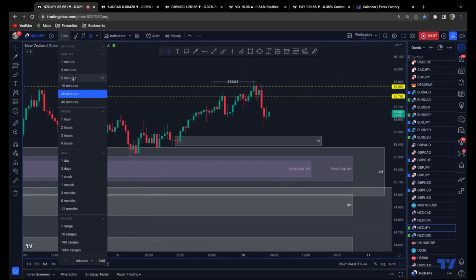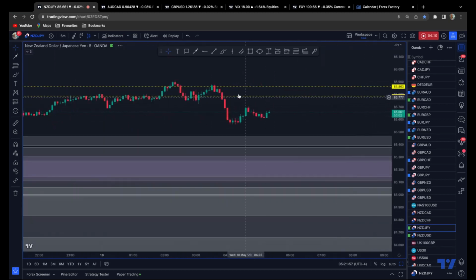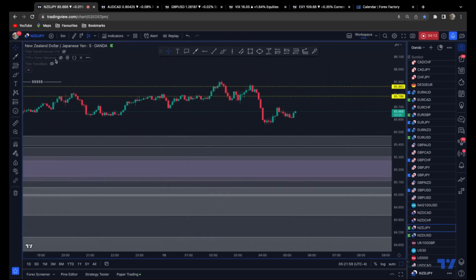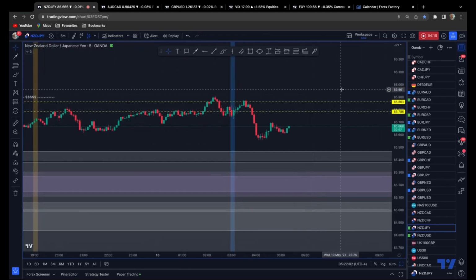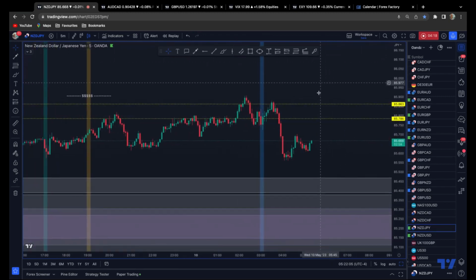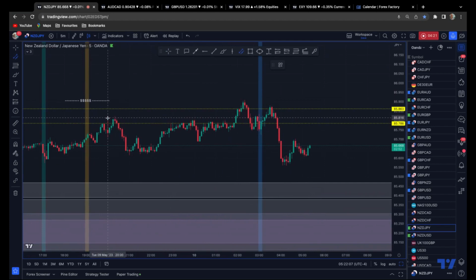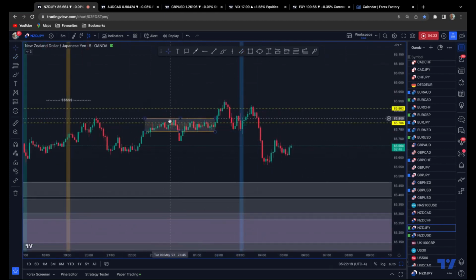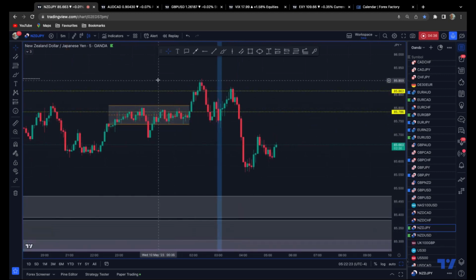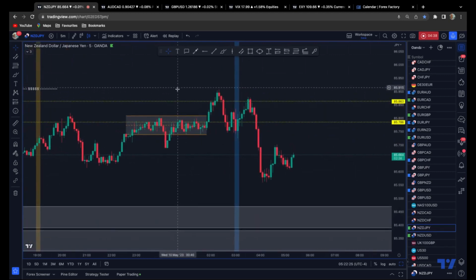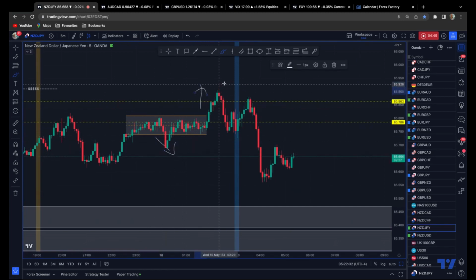Let's have a look at this now on a 5-minute chart, and I'll bring in the session times here. There's the London Open, and I'm always interested in how things are trading into the London Open. We've got this range through here for a start. We get a bit of a spike down, and my thinking is it's the fakey shaky, fake out, and then we get the shake out. So that takes out liquidity, comes back.